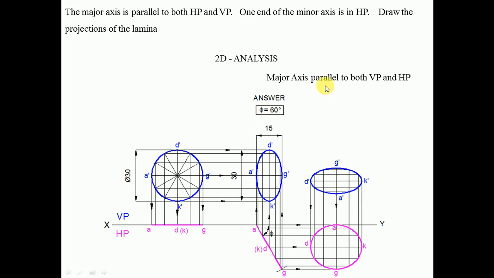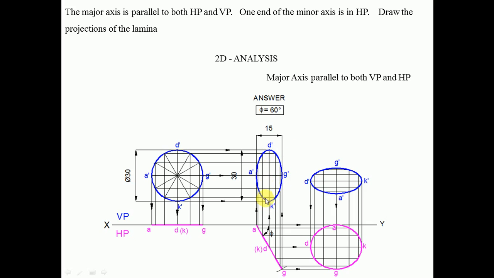So now the requirement is that the major axis has to be parallel to both HP and VP. Since the major axis has to be parallel to both HP and VP, now the major axis is perpendicular to HP and parallel to VP. So one condition is already satisfied, that is parallel to VP. Now instead of perpendicular to HP, you have to make it parallel to HP.